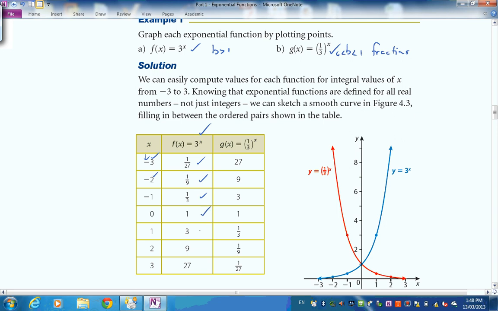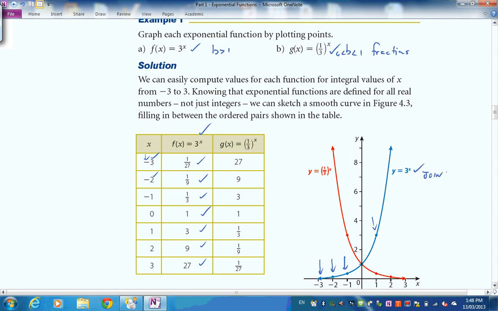And then 3 to the 1 is 3, and so it starts to grow. So that's the graph over here. So it is defined for negative values of x, because a negative value of x means 1 over the function. The b's, if you like, that are left are in the bottom line, and then we have the positive values over here. Can we join them? Yes, we can join the points.